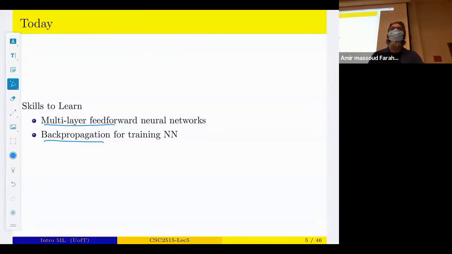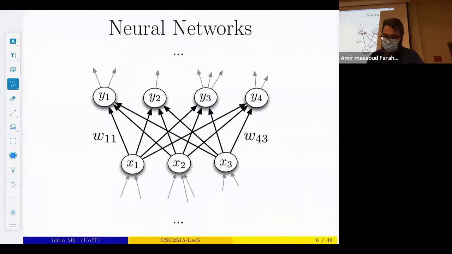Maybe we talk about convolutional neural networks, or maybe not, depending on the time. Convolutional neural networks are suitable for working with images. The concepts are very similar, but there are some structural differences.